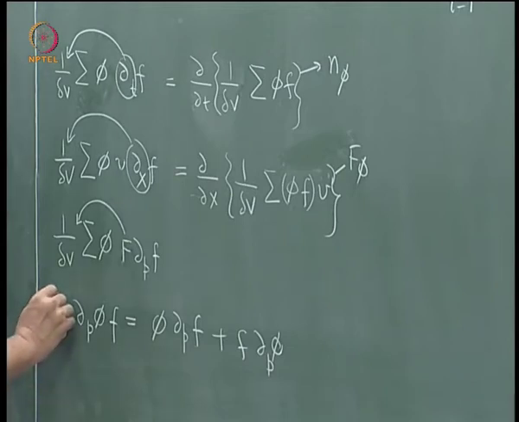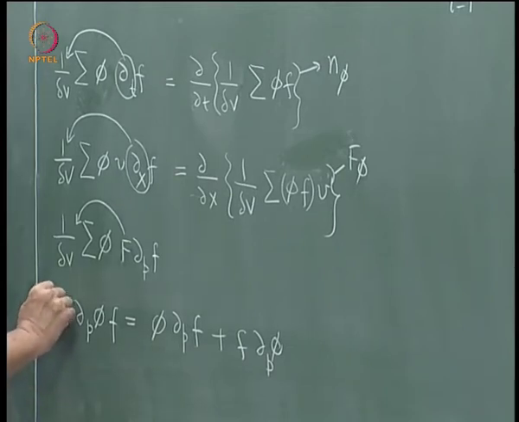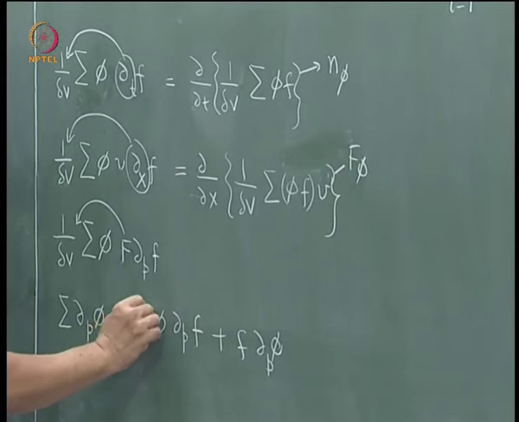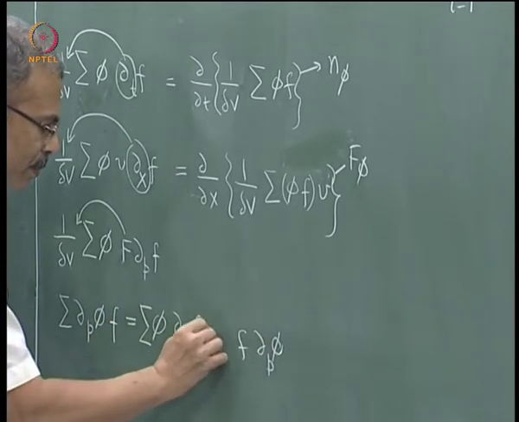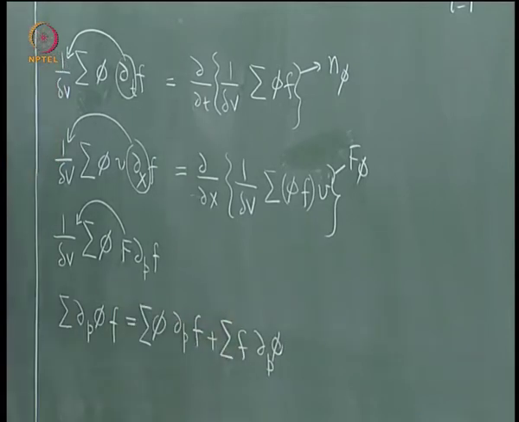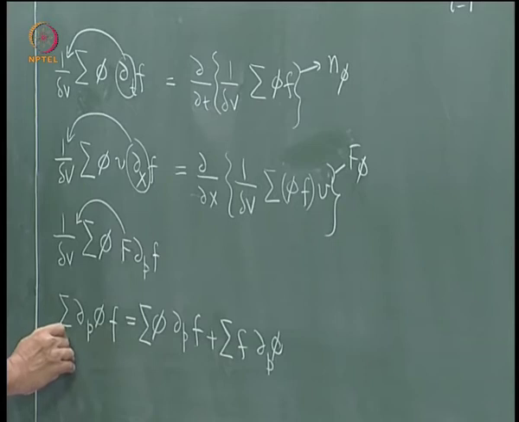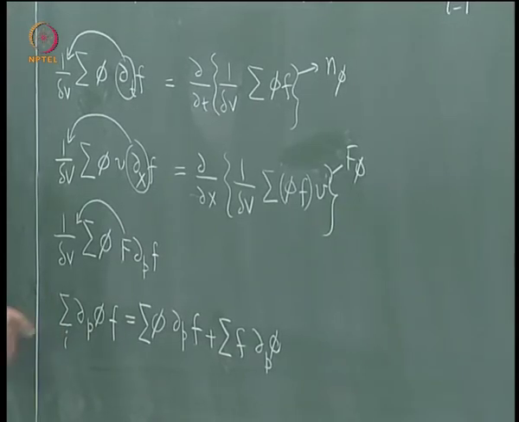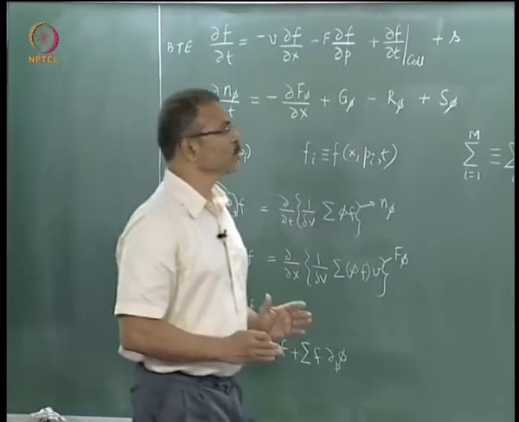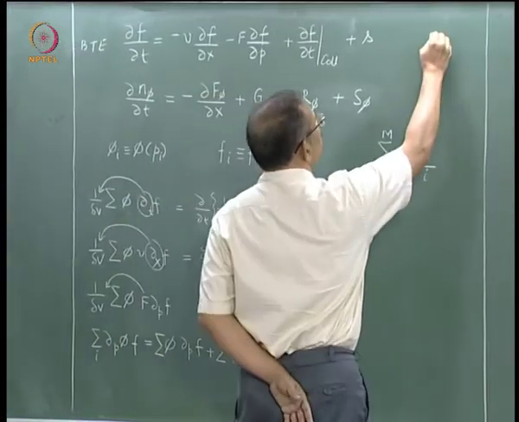So if I now do a summation, I have to sum over all the states I. Now if you know the distribution function, it looks something like this.